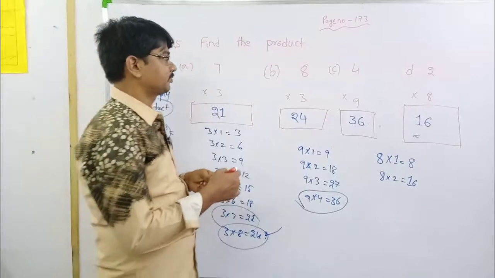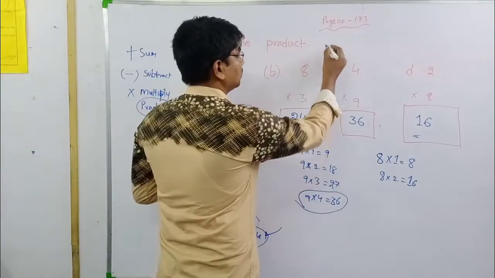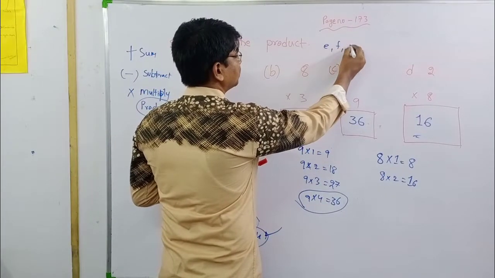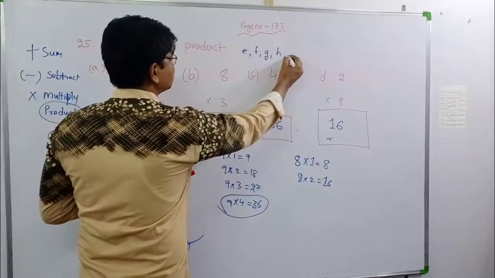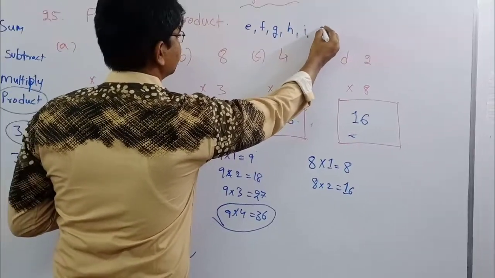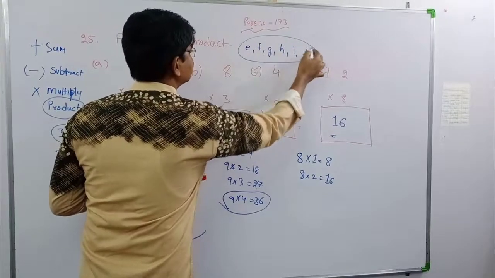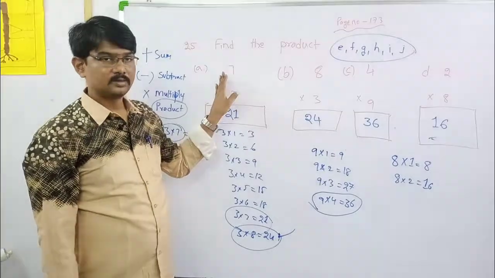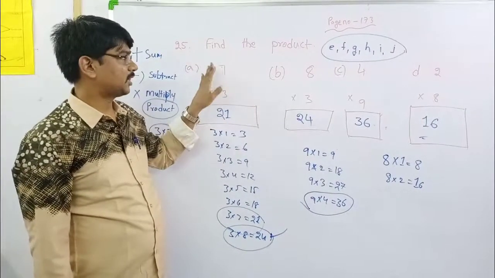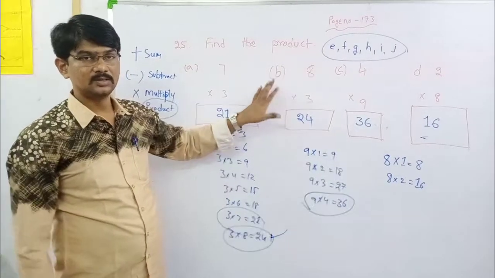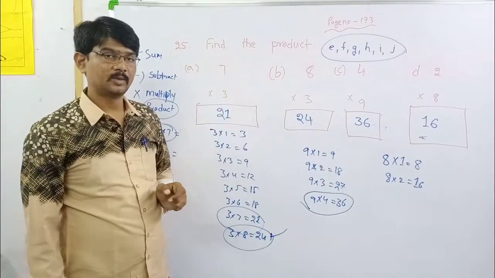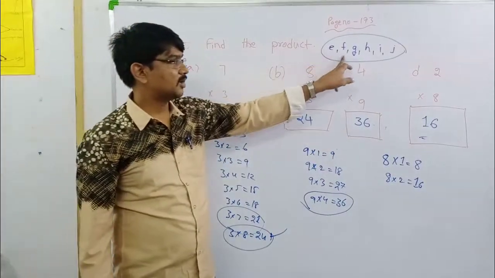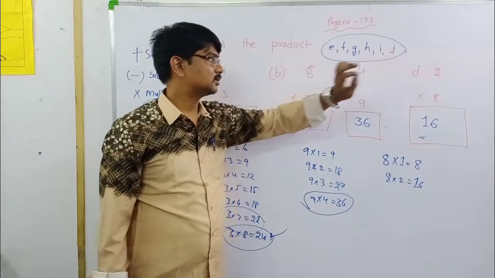Next, E, F, G, H, I, J. How many? 6 problems are there. From the 10 problems, 4 are solved and 6 are remaining.